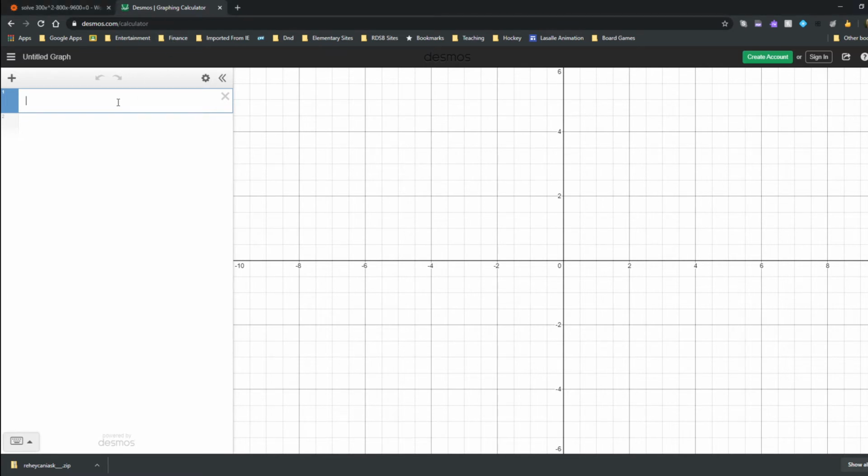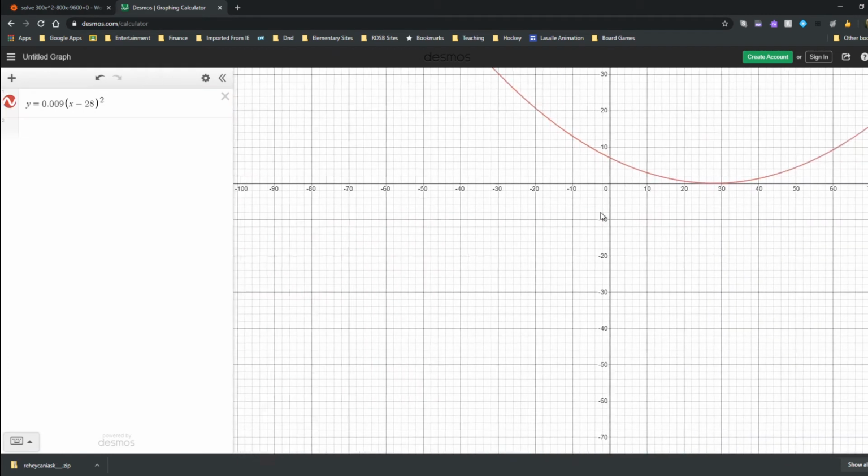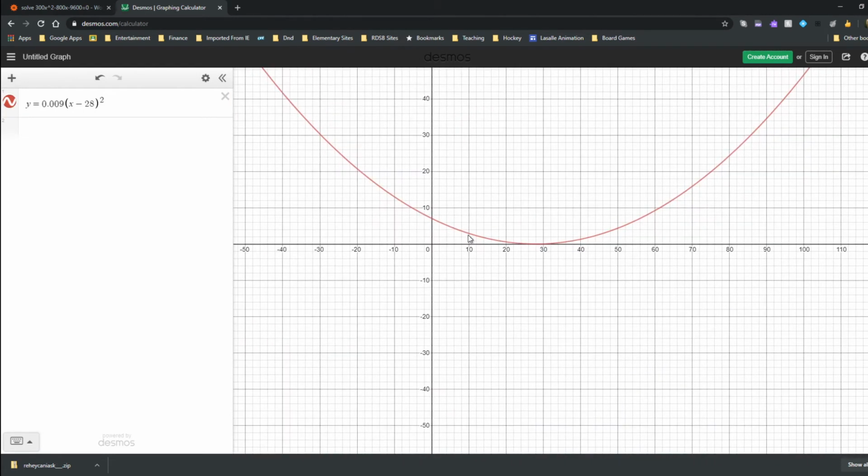So we would have y is equal to 0.009 times (x minus 28), I should use the keyboard on the screen, to the power of 2. Now we can't see the full parabola here, so I'll zoom out. And that would be the parabola that would model, that shape should match the shape of that bridge.